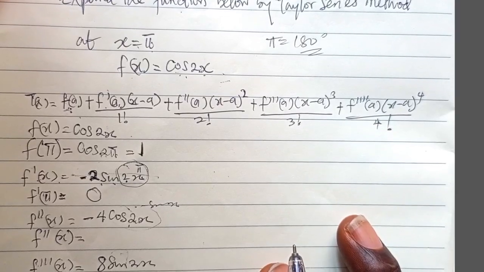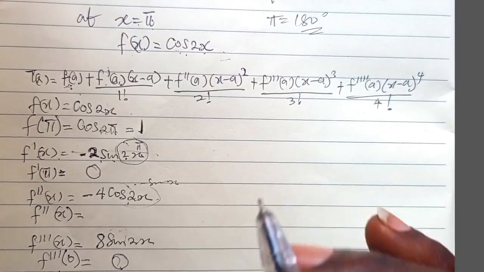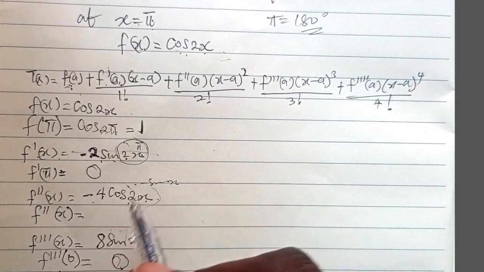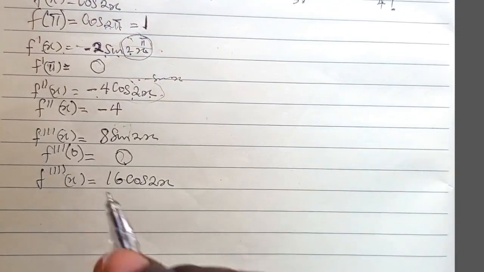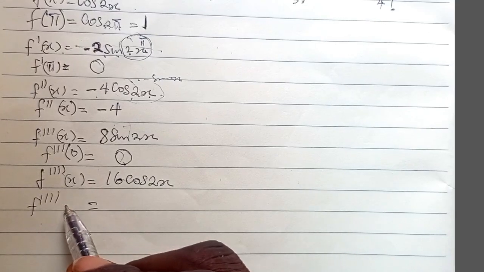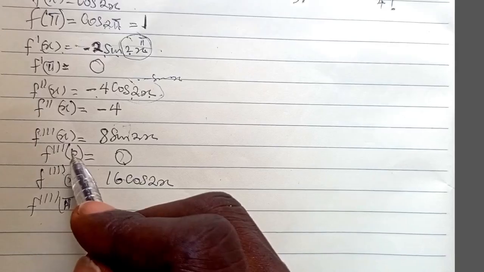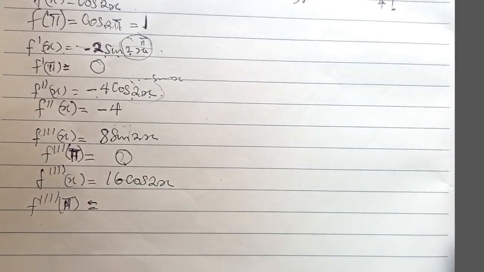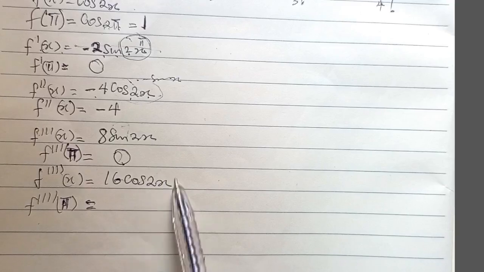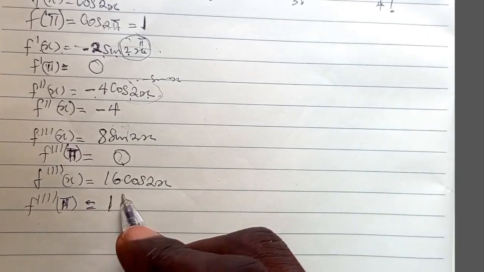So since you have cos 2 pi, that's 1. 1 times minus 4, that give you minus 4. Then if you do for the last one, f prime prime prime prime of pi, change x to pi. So we have cos 2 pi, that's 1. 1 times 16 will give me 16.